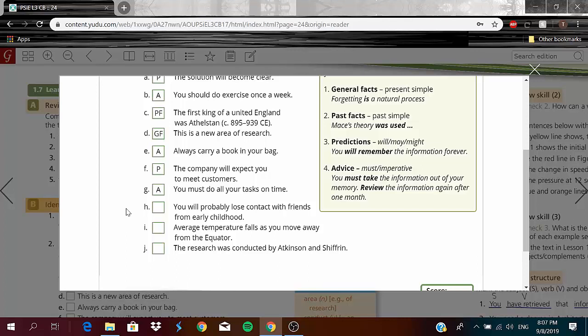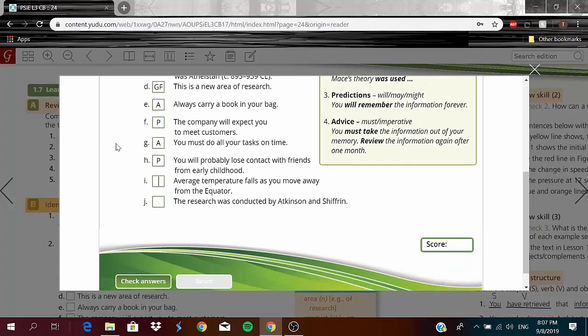This one looks like a prediction, right? And then we have I, average temperature falls as you move away from the equator. Obviously, the equator line, so I think that's just a general fact, so GF, right? And finally, we have the research was conducted by Atkinson and Schifrin.